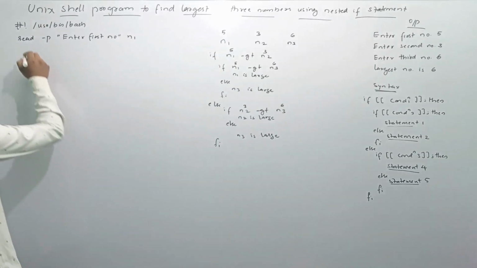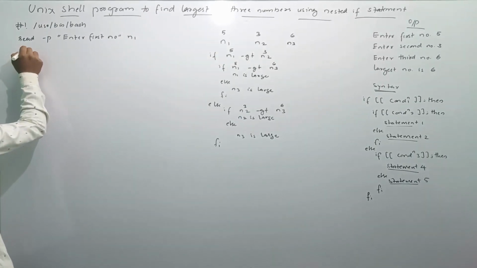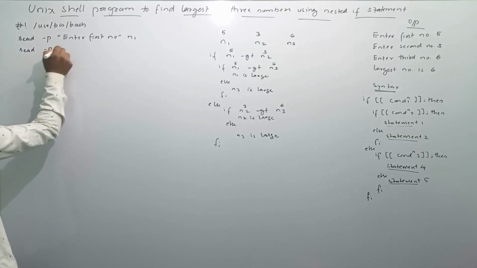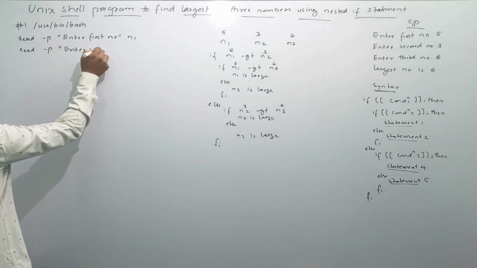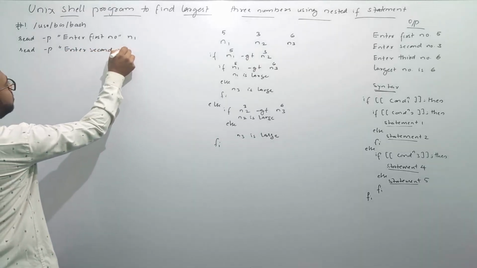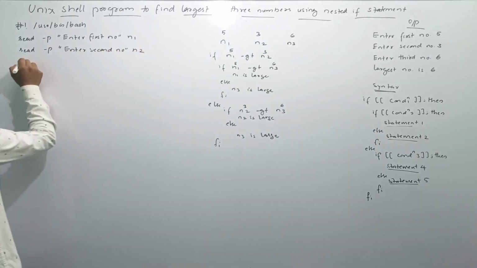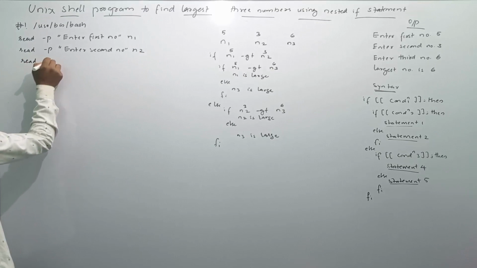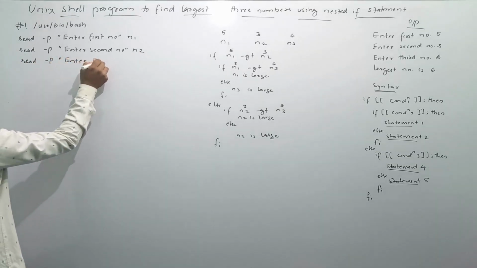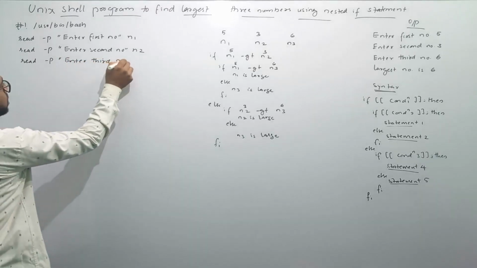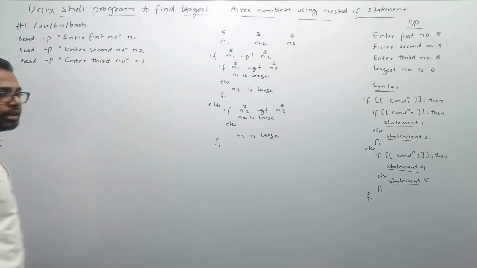Next I will ask the user to enter the second number: read -p "enter second number" n2, then read -p "enter third number" n3.